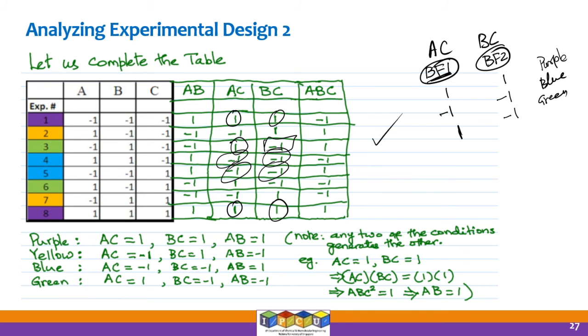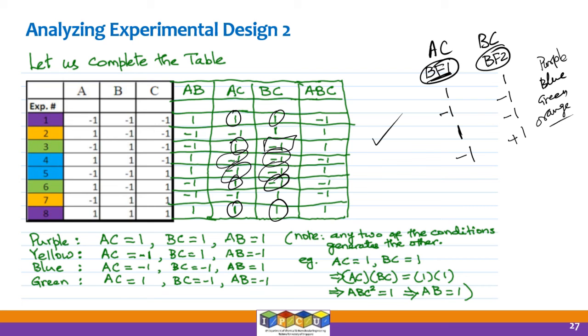Look at the other green as well. AC is equal to +1 and BC is equal to -1, you get green. And then when AC is equal to -1 and BC is equal to +1, it is going to be orange. So these are the basis on which the experiments are assigned to the 4 blocks, by looking at the value of AC and BC.